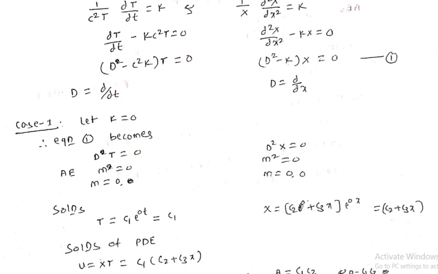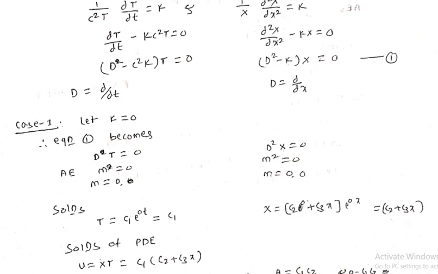So the general solution of the first term, with respect to capital T, is T equal to c1 e^(0t). So e to the power 0 is 1, so capital T is equal to c1. And in the second term, there are 2 roots and both roots are the same, so its general solution, or complementary function, is c2 plus c3 x, because it is with respect to x.